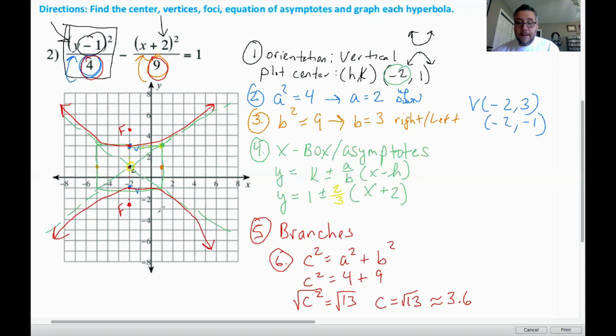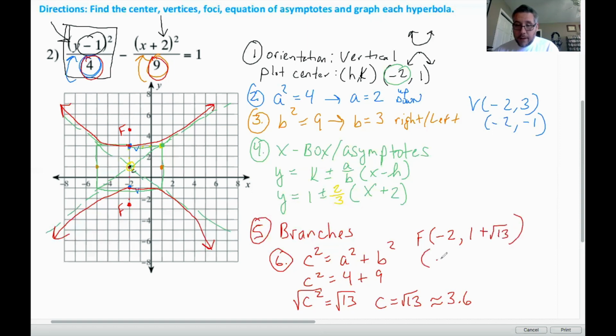All right. But in terms of the coordinates, we went left 2, right? Everything is on this -2 line. So that's our x coordinate, comma. For the y coordinate, we were starting from the center, which was this 1, and then we went up a distance of c, plus root 13.